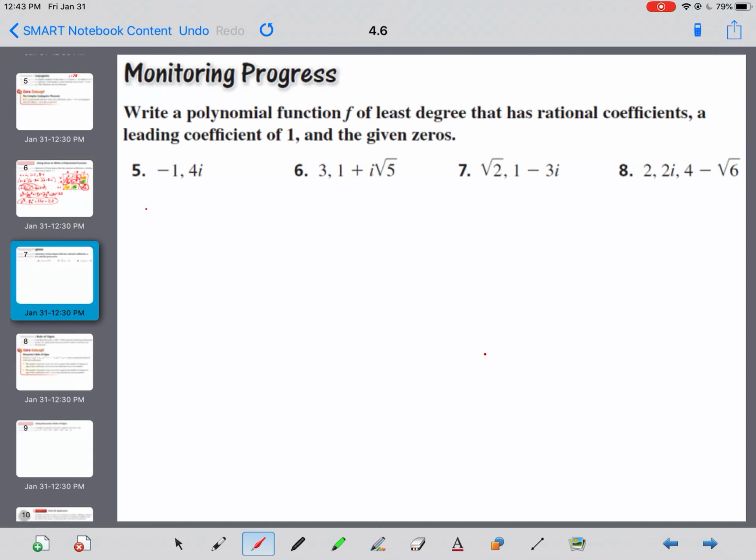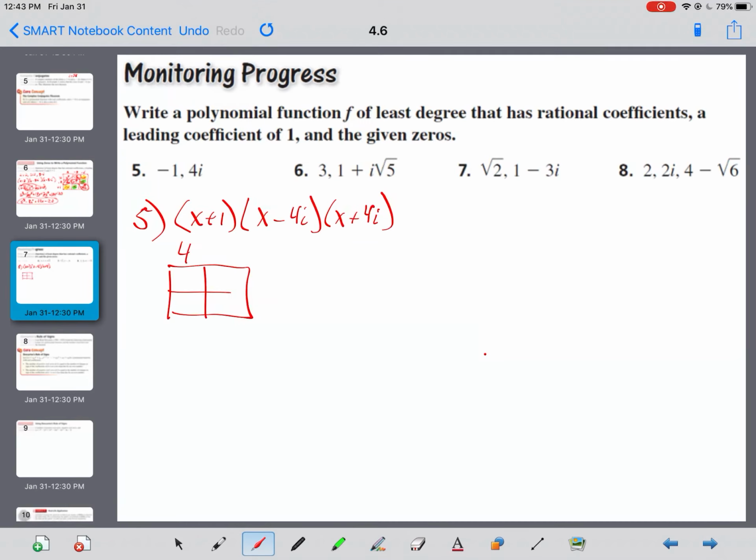All right, here goes number 5. We got x plus 1 times x minus 4i times x plus 4i. That's an x, that's a minus 4i.